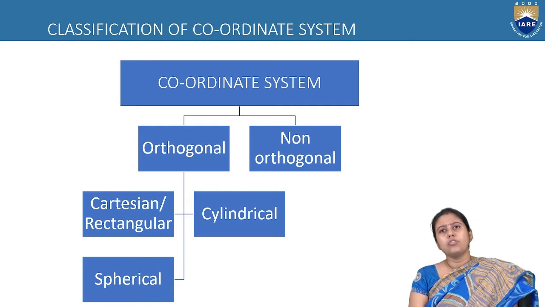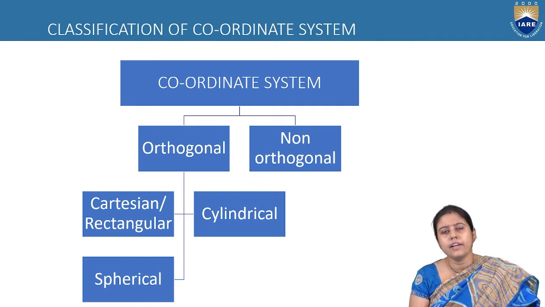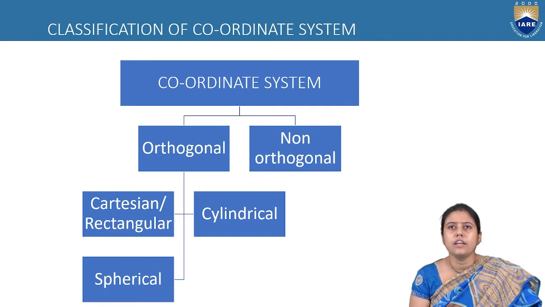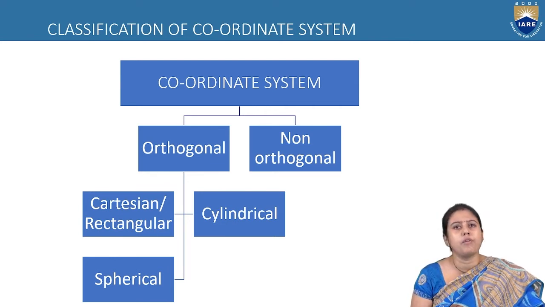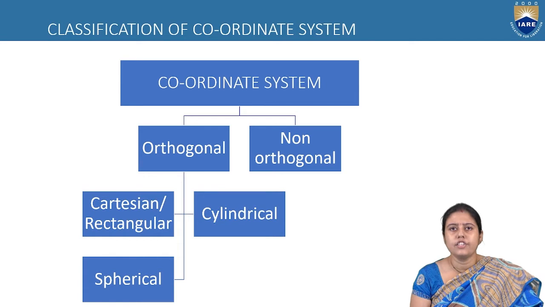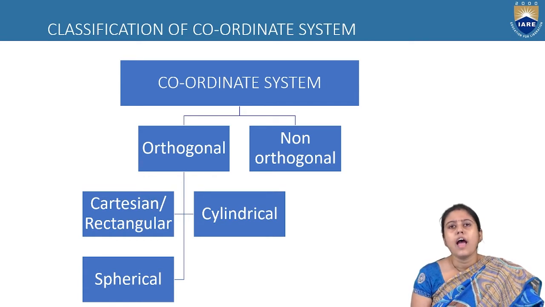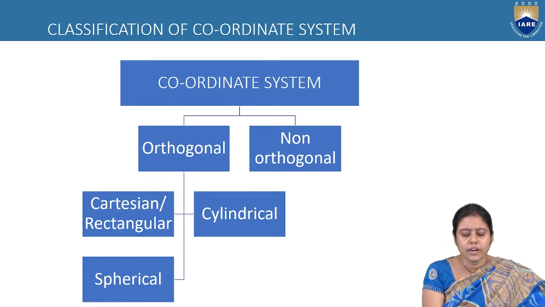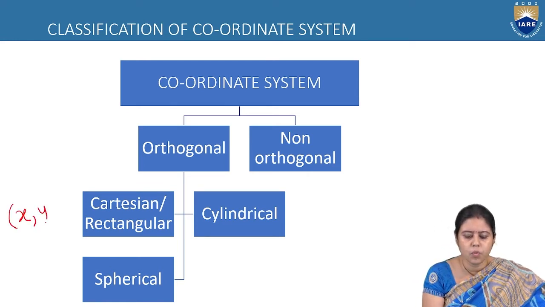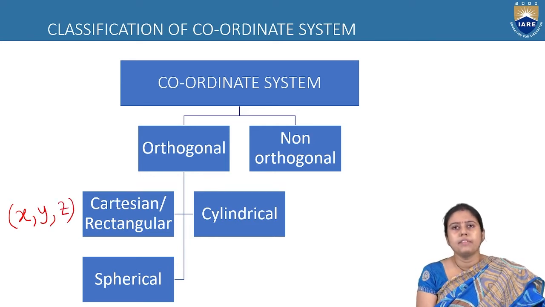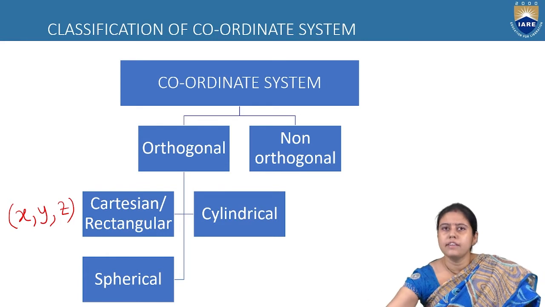The orthogonal system is again divided into three categories of coordinate systems. The first one is our own popular one, the Cartesian or rectangular coordinates. What are the axes? The axes are x, y and z.